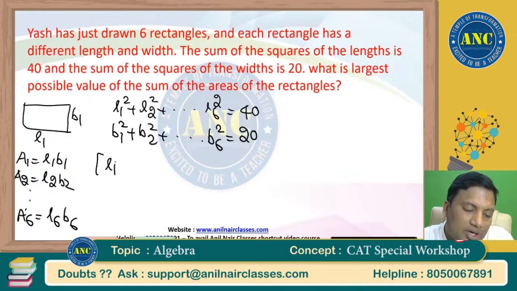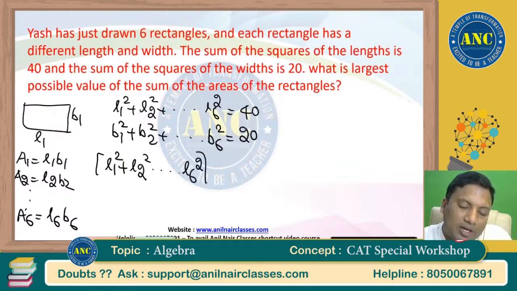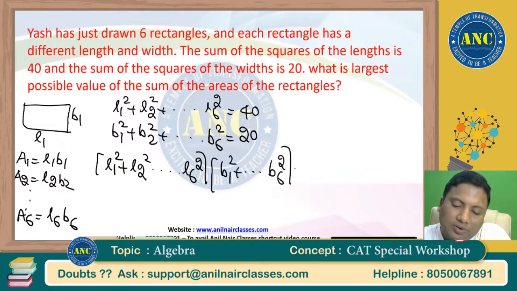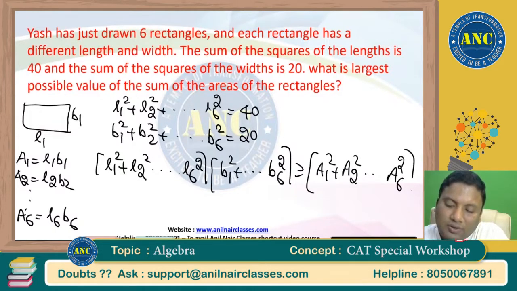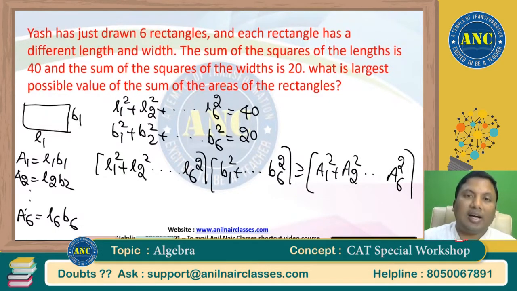Again, we will use Cauchy-Schwarz inequality. (L1 square plus L2 square and so on up to L6 square) into (B1 square, B2 square and so on up to B6 square) greater than or equivalent to (L1 B1, it is nothing but A1, L2 B2, A2, L6 B6, A6) whole square. I hope the idea is clear, right?